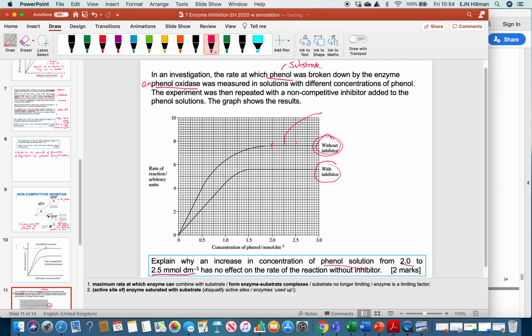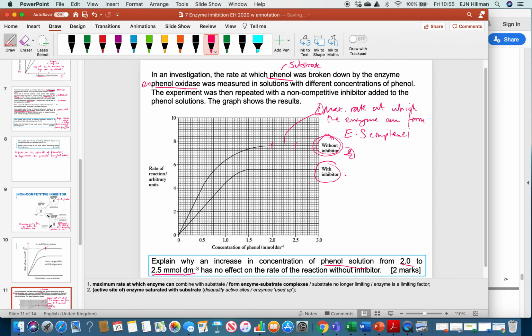And we've mentioned this already. At this stage, it is the maximum rate at which the enzyme can form enzyme substrate complexes. Okay, that would be the first mark.